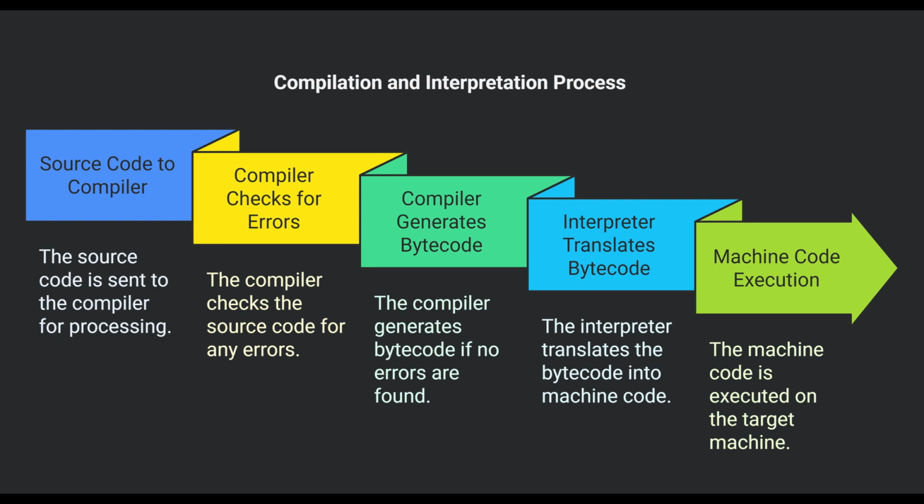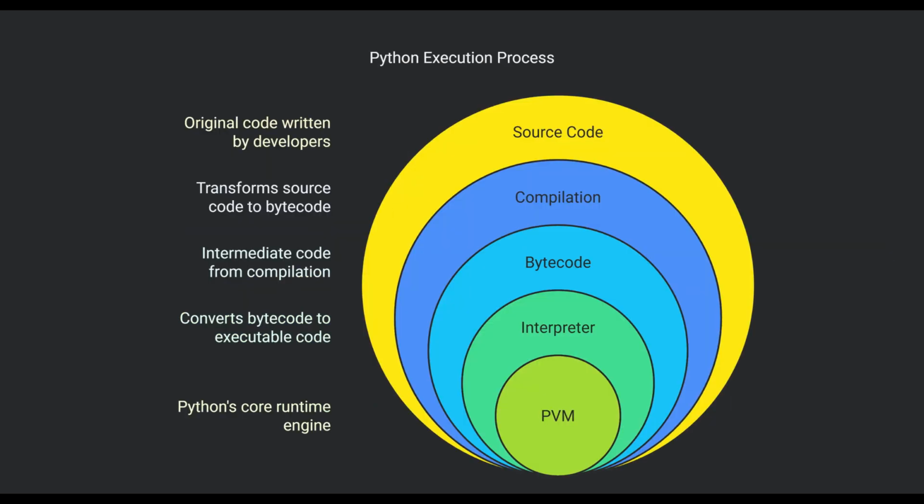Now we have one more term, called the Python virtual machine. The Python interpreter is part of the Python virtual machine. Okay, now what is a virtual machine? The original code written by the developer is transformed into bytecode, the intermediate code, by compilation. Converting bytecode into executable code is done by the PVM, the Python virtual machine.